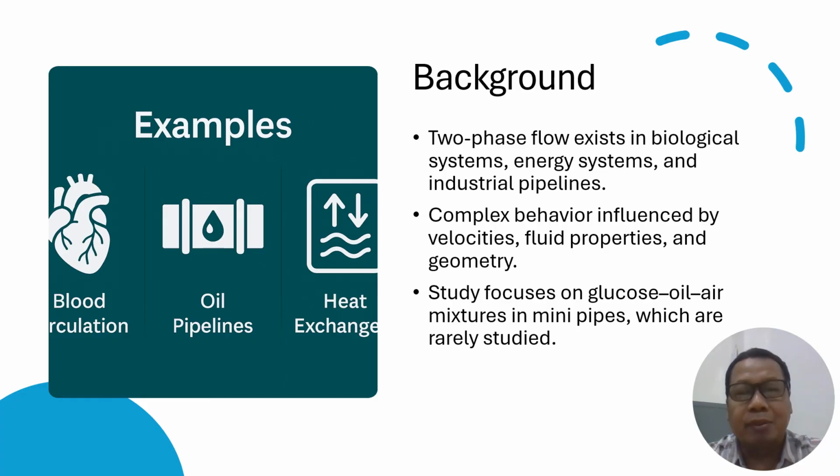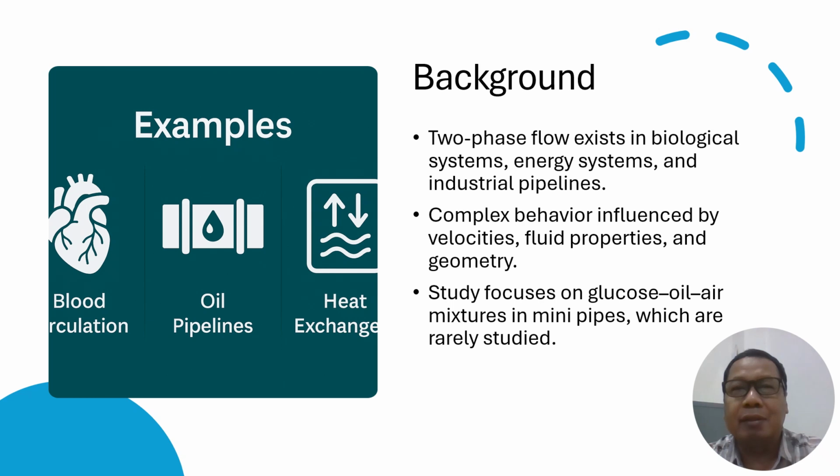Ladies and gentlemen, two-phase flow plays an important role in various systems, including biological systems like blood circulation, energy systems such as heat exchangers, and industrial pipelines in oil and gas transport.